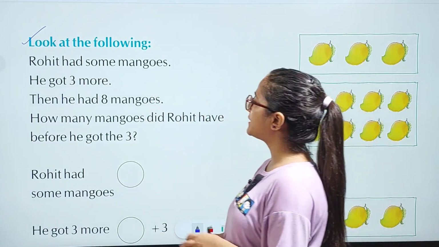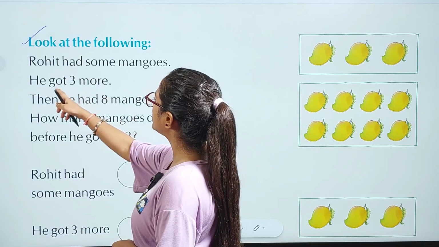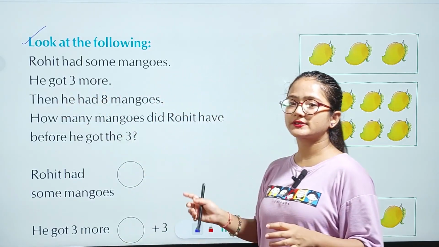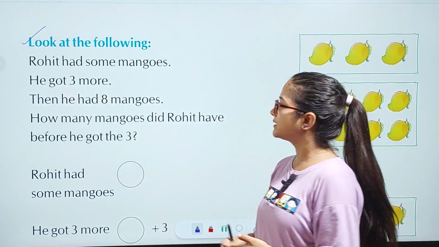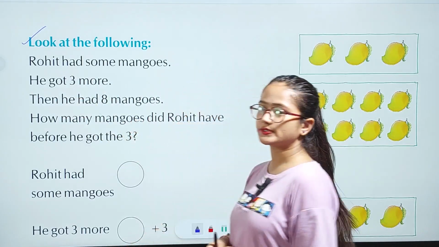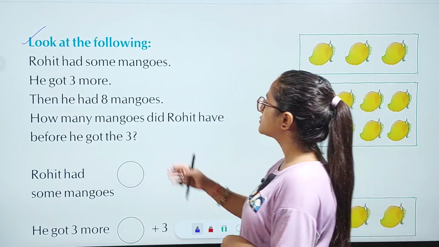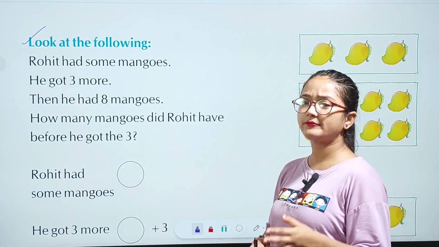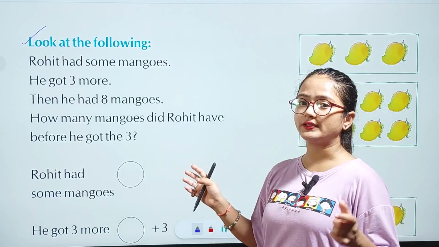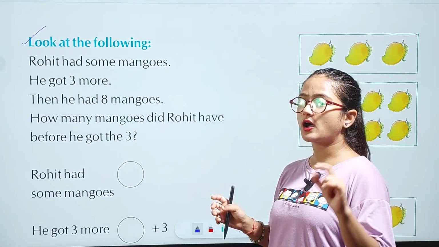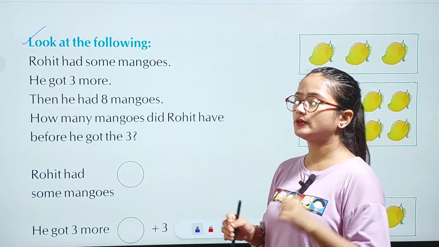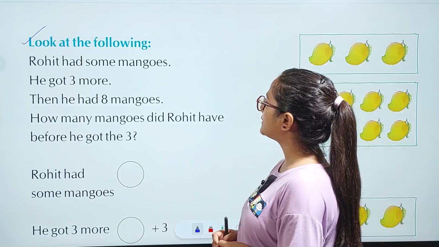The next thing is that he got 3 more mangoes. Then after that he had 8 mangoes. So how many mangoes did Rohit have before he got the 3? You have to find that out.